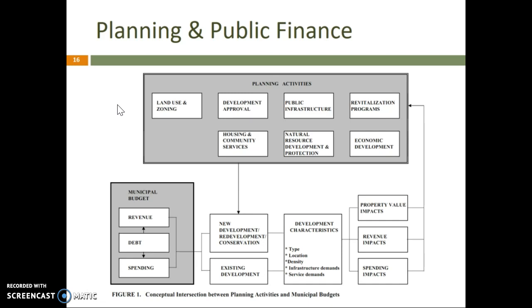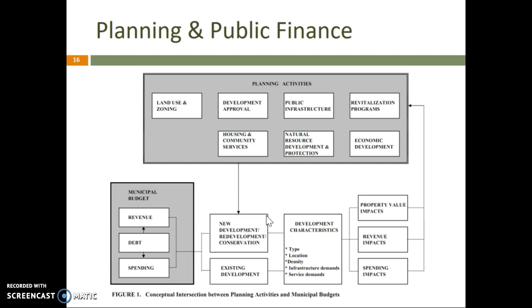So in this chart, you can see a couple of arrows and a whole bunch of boxes down here. They conceptually present the fact that when you change your planning activities, you impact the types of developments going on, or the types of infrastructure built within your jurisdiction.